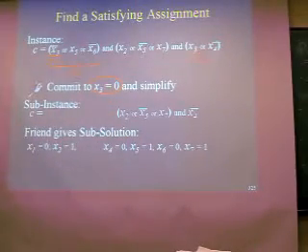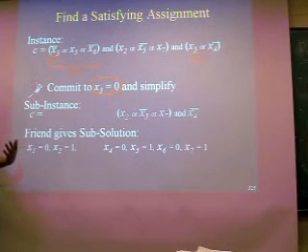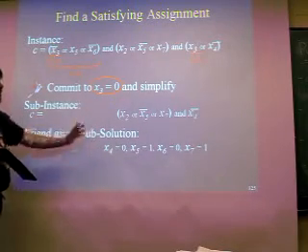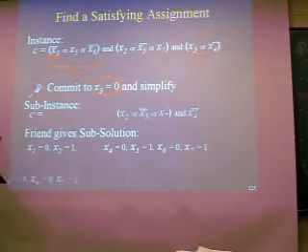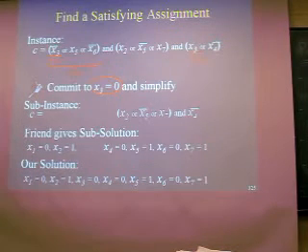And when our friend comes back and gives us an answer, what will our answer be? He didn't give us a value for x3 because we eliminated x3, so our answer would be the same, and we put the x3 equals 0 back in. Does that make sense? It's your classic recursive backtracking. Everybody kind of follow that?